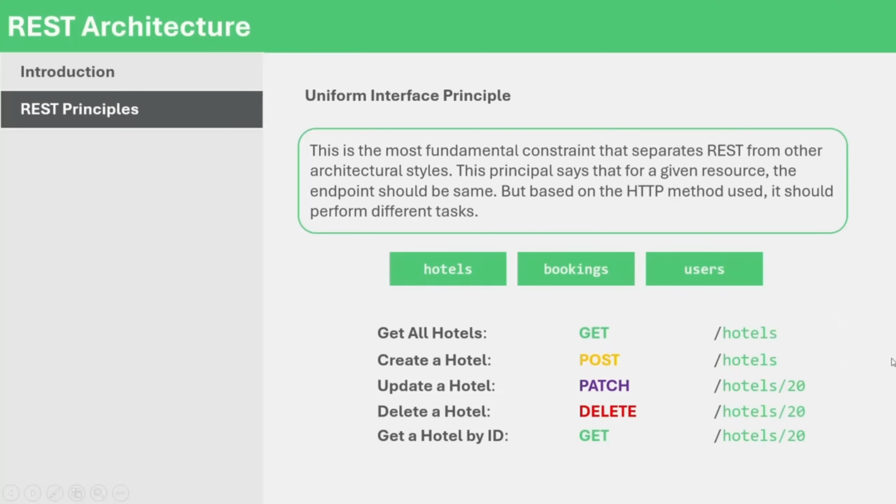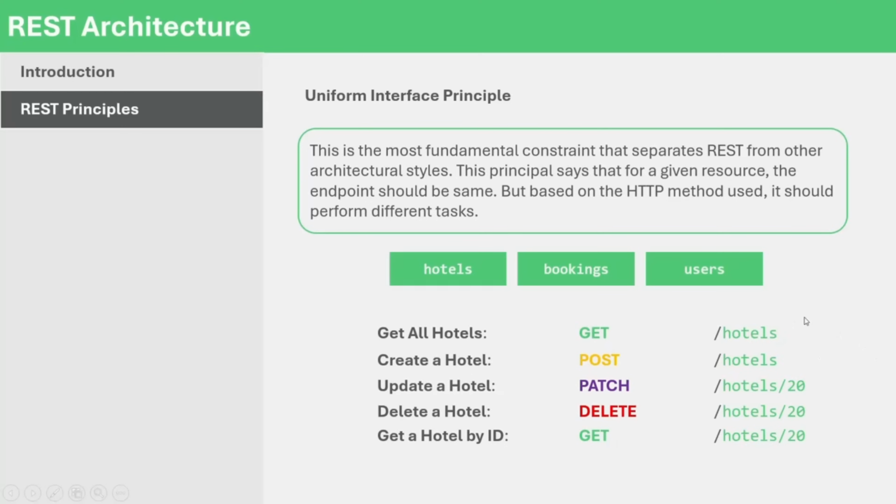So for example, if I want to update a hotel with ID 20, then I will send a PATCH request to the same endpoint, to the same resource, which is hotels. But there I will also have to specify the value of the unique identifier using which I will select that hotel object and update it. Same is true for delete and get also.